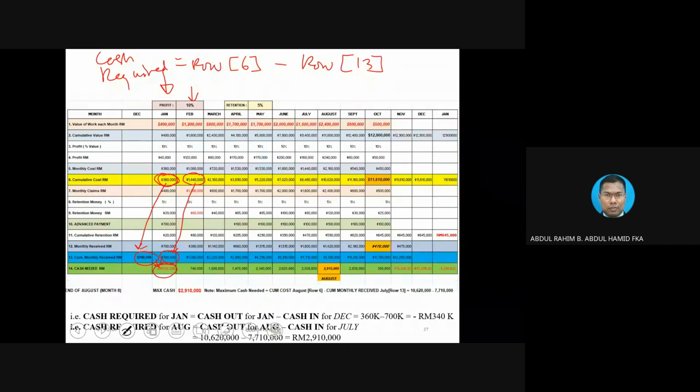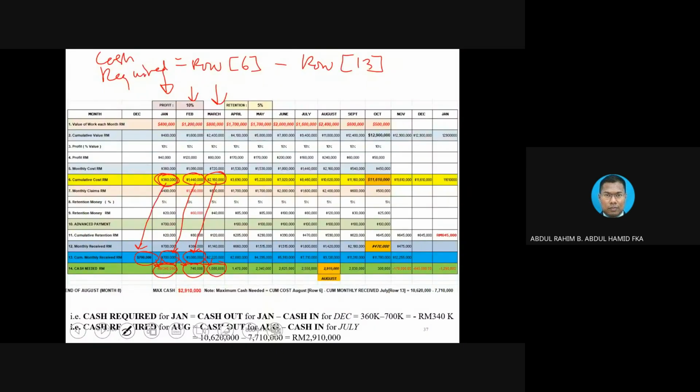So that's why it carries forward. That's why we get this amount. Then March, 2160 minus this amount. Then you get here.